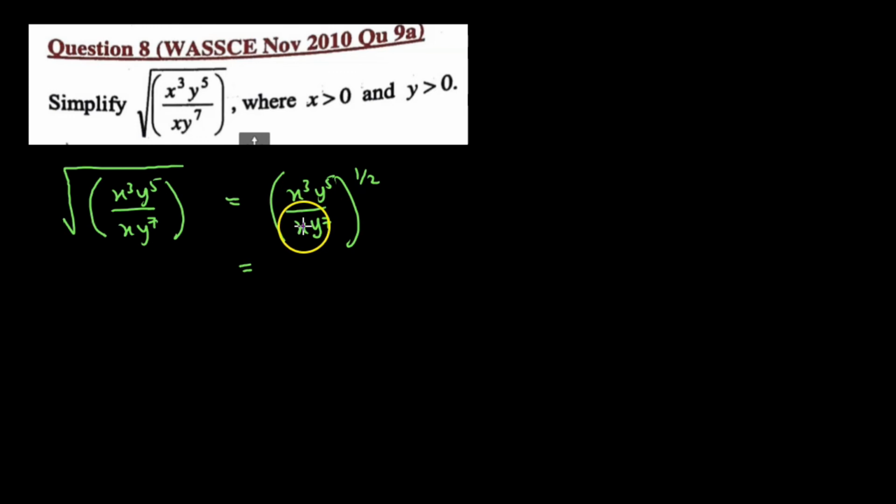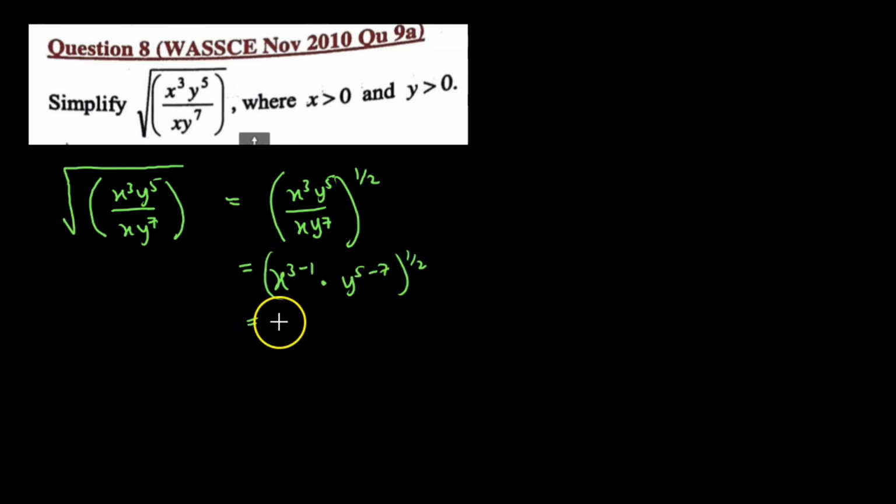So therefore, we can simplify them by saying that this is the same as x to the power 3 minus 1, because the power of x here is 1, then times y to the power 5 minus 7, all raised to the power half.